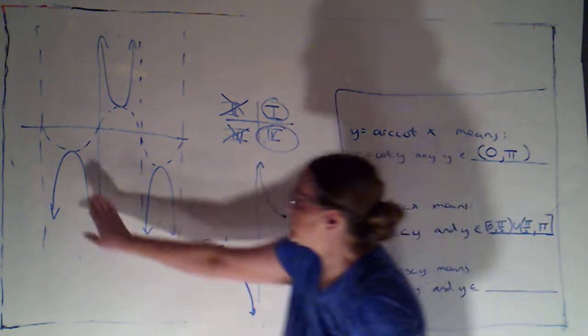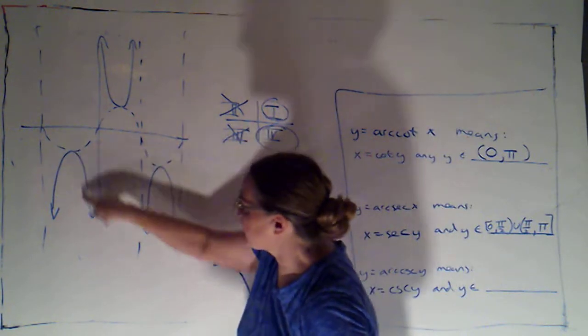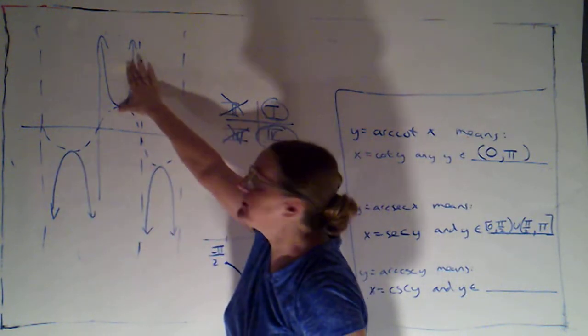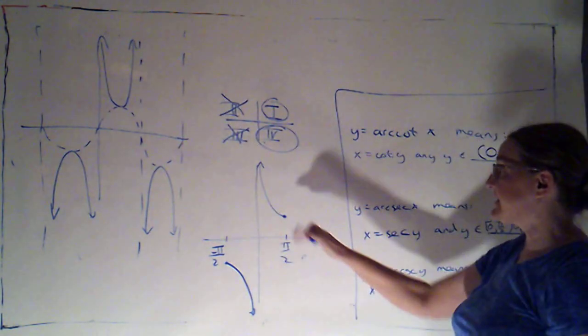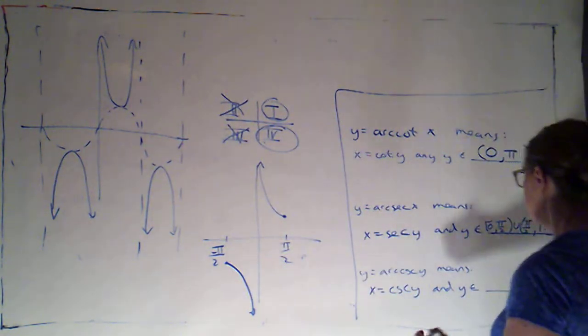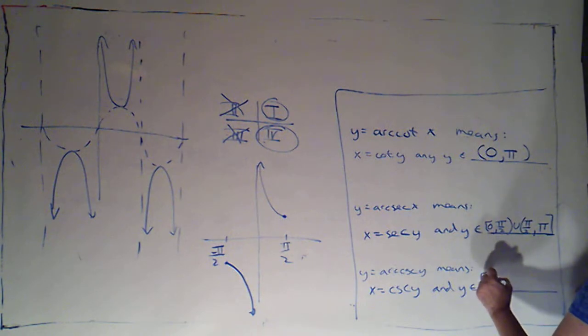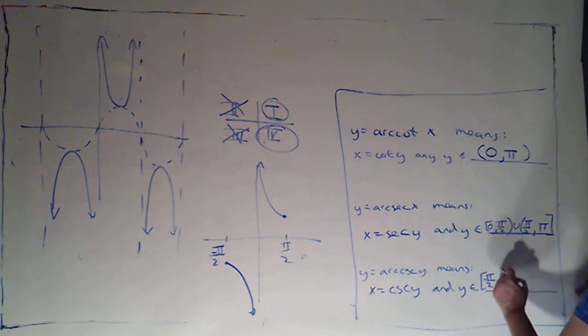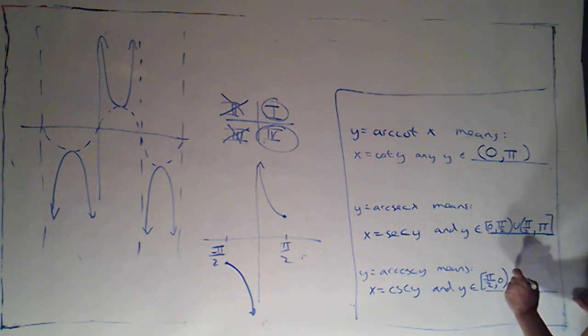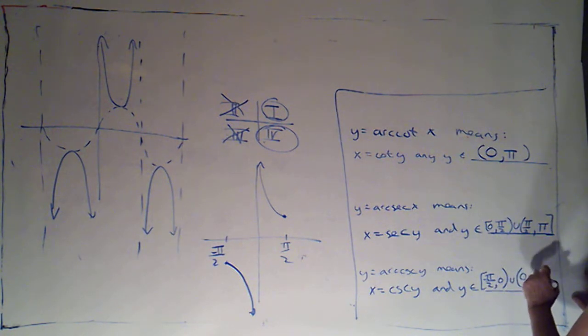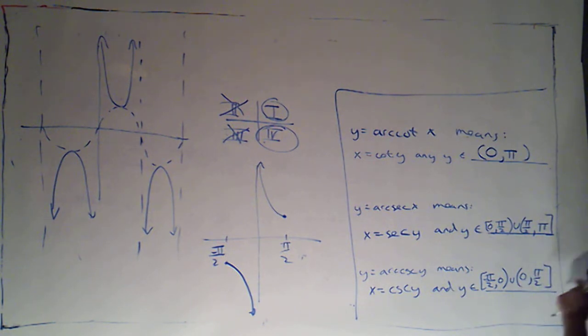So essentially we're looking at the right half of this upside down U and the left half of this opening up U. That's how we would restrict the domain. So that's going to go from negative pi over 2 to 0, bracket at the negative pi over 2, parentheses at the 0, union 0 to positive pi over 2, parentheses, and then bracket.